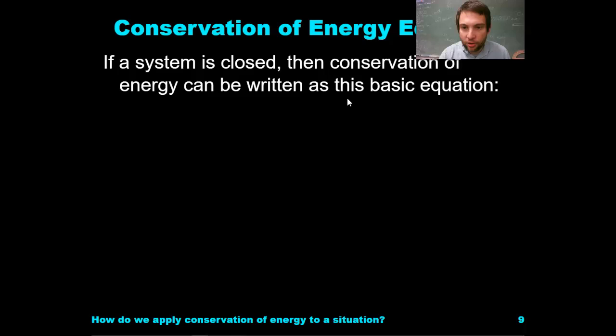If a system is closed, then conservation of energy can be written with the basic equation. The first equation I want you to use, or to think about at least while you're doing this for the first time, which is exactly the first time, is your total mechanical energy in the beginning has to equal your total mechanical energy in the end.